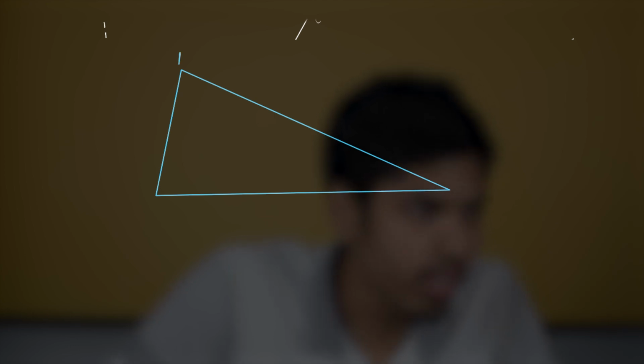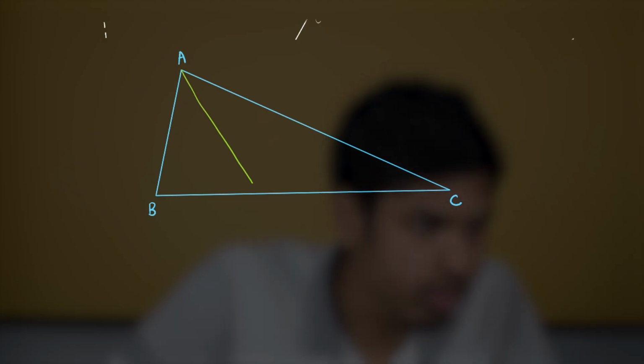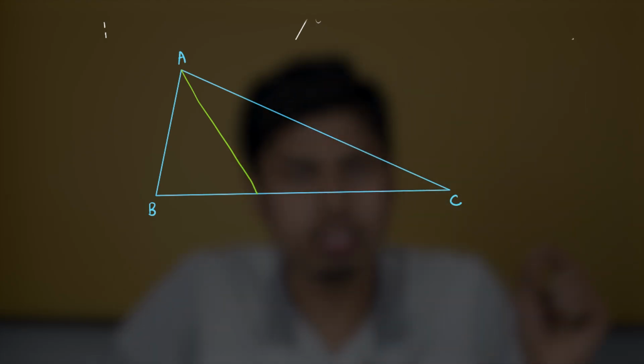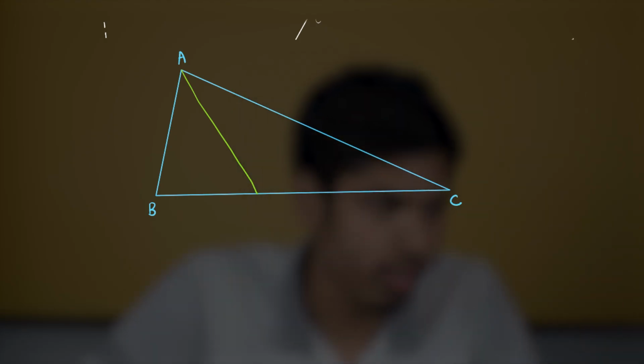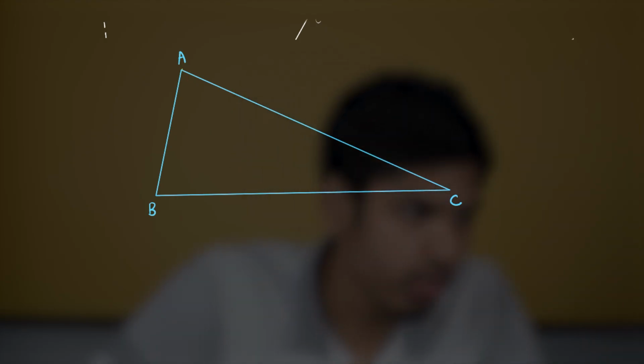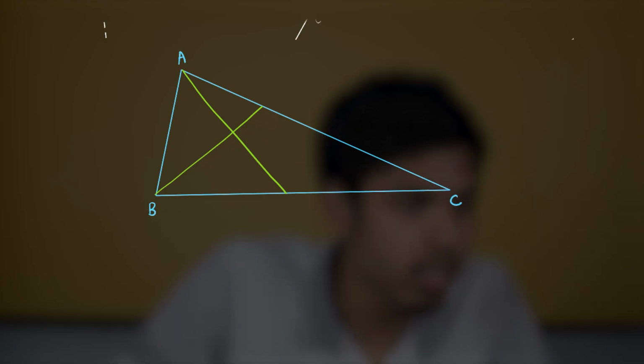Consider a triangle ABC and construct cevians. Cevians are the line segments connecting a vertex to a point on the opposite side. So if you join it, you get a cevian, and you get a cevian, and you get a cevian.